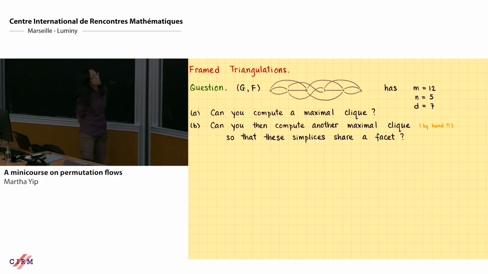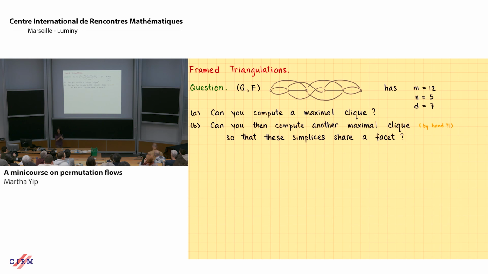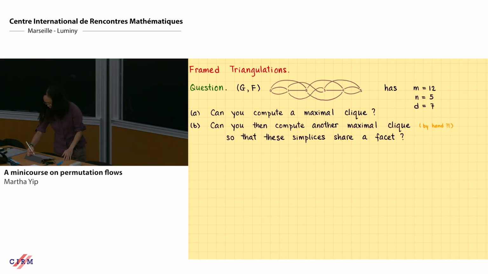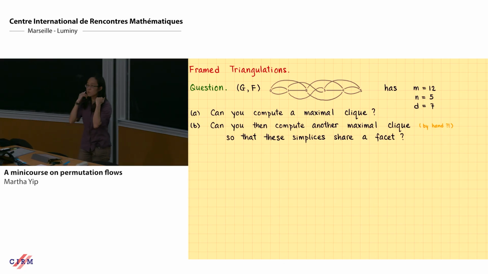Can you compute a maximal clique? After you've done that, can you compute another maximal clique so that the simplices that they index share a facet, they're adjacent? And here I put in a little comment: can you do this by hand? Or you can code this, it's not too hard to write some program to compute this stuff, but the question is, can you do this by hand?